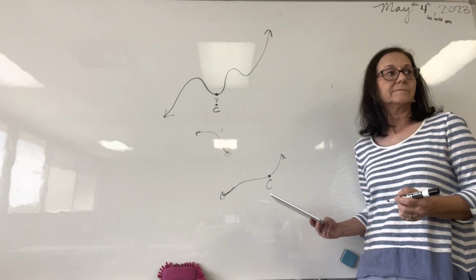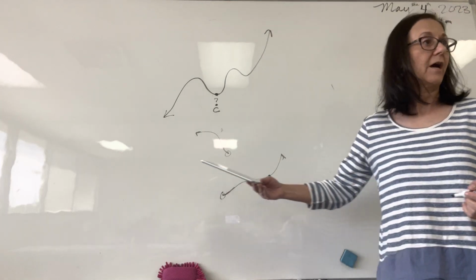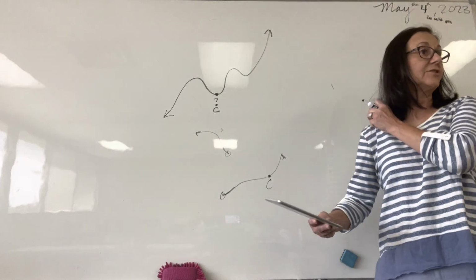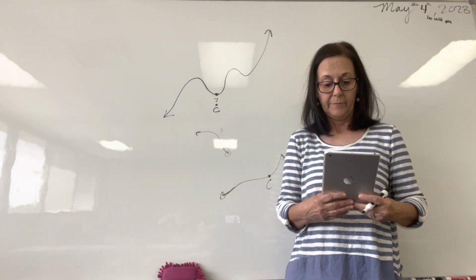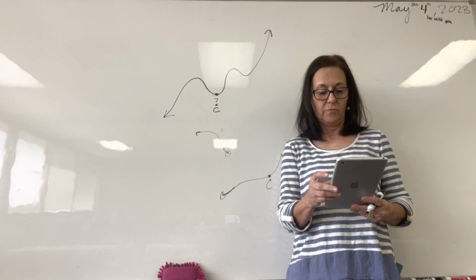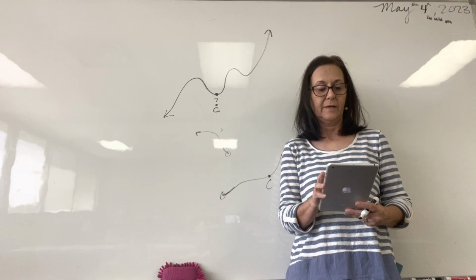But the graph itself, the entire function, is not continuous. At point C, it is, because I do not have to pick up my pencil. And the same with the bottom right. It is continuous at C.